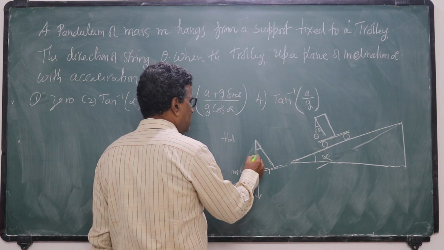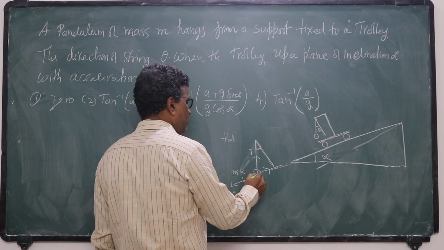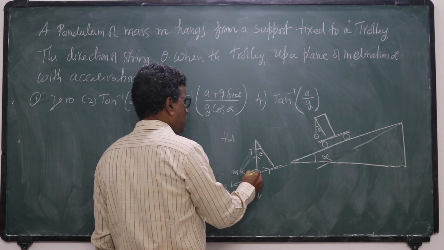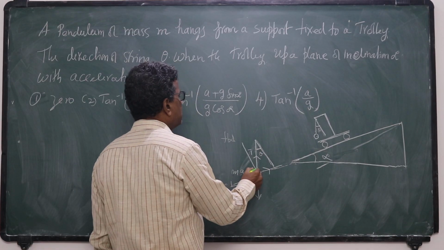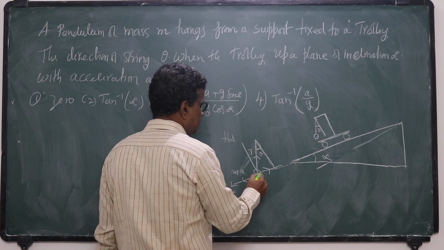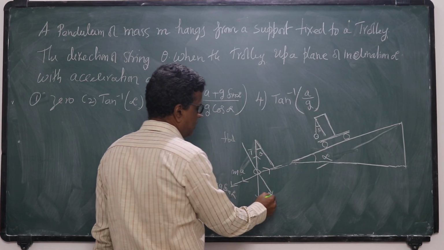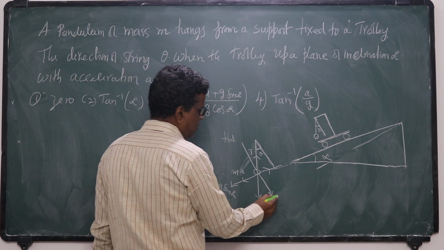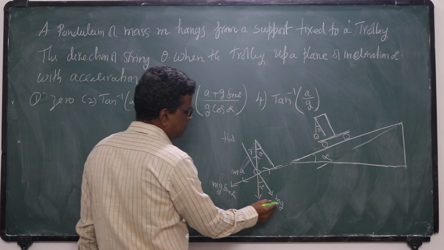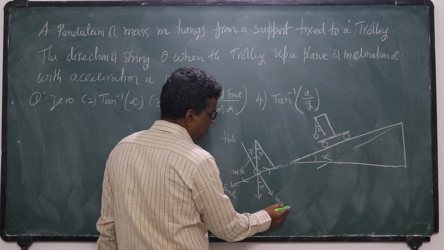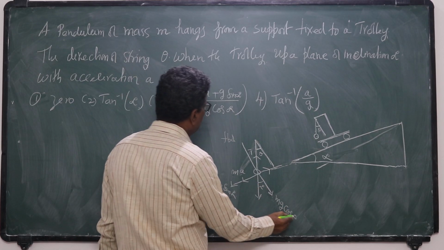the tension, which will be in this direction. So if this is theta, this will be balanced with this. So the component of this tension will balance with this weight. So what is this component here? If this is alpha, then this becomes mg cos alpha, isn't it?